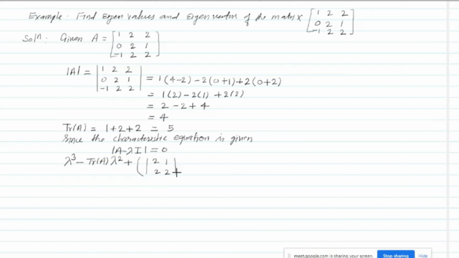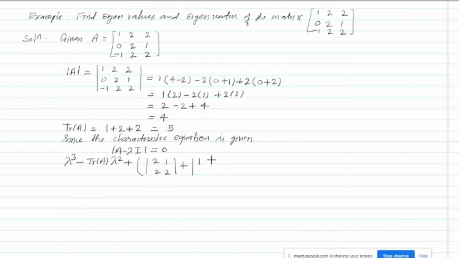Plus the second minor: for the second diagonal element we ignore the second row and second column, giving 1 2, minus 1 2.